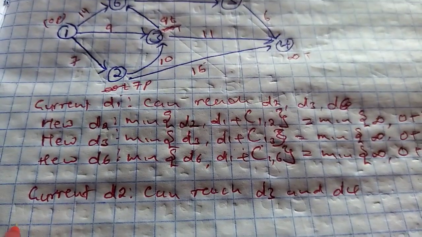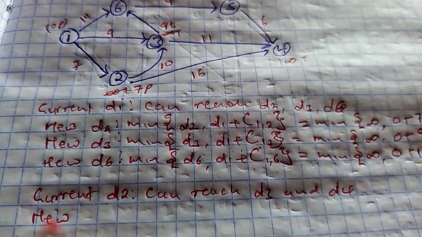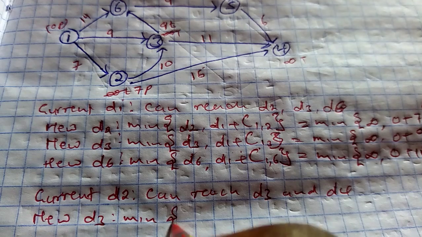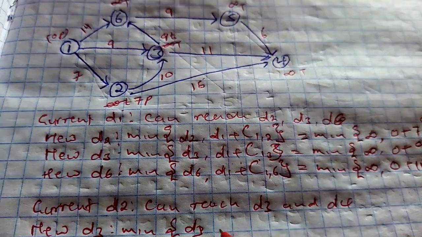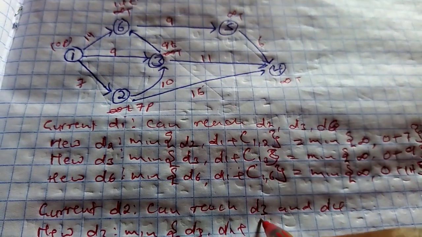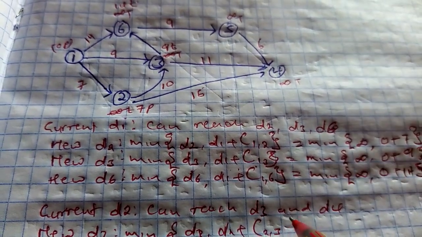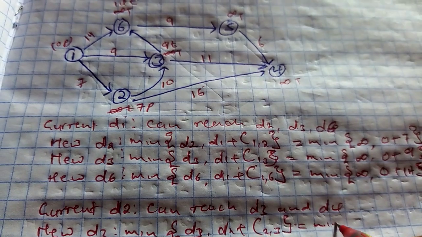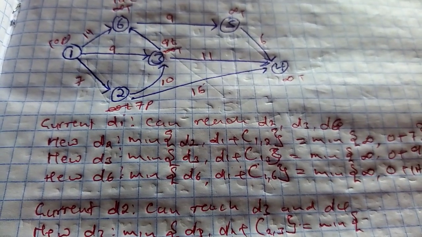So we need to find new D3, which is the minimum between D3 and D2 plus the weight of C23. What's our D3?